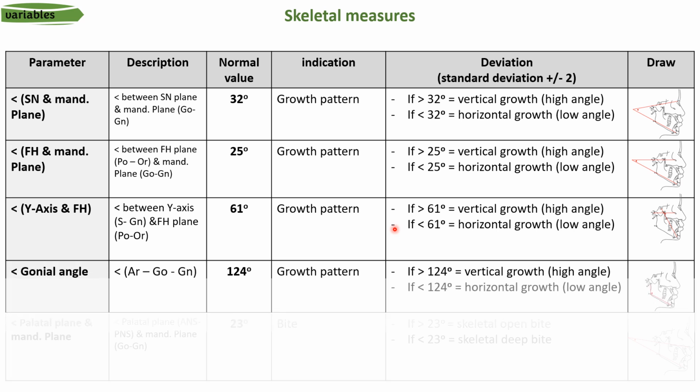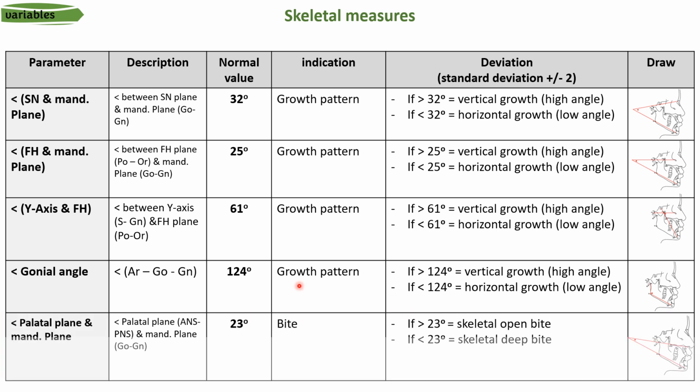Gonial angle. It is the angle between articulare, gonion, and gnathion. Mean value is 124. If it increases, it indicates vertical growth or high angle face, and if it decreases, it indicates horizontal growth or low angle face. The angle between the palatal plane that extends between the anterior nasal spine and the posterior nasal spine, and the mandibular plane.